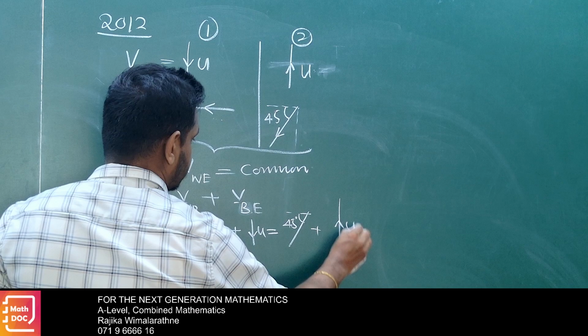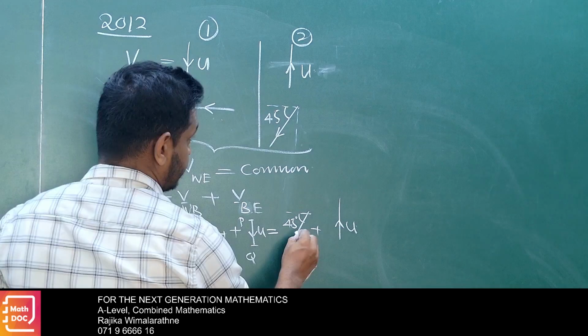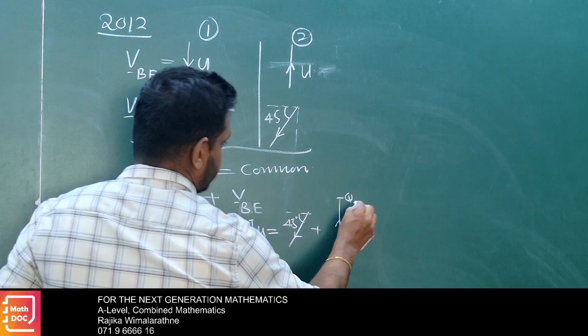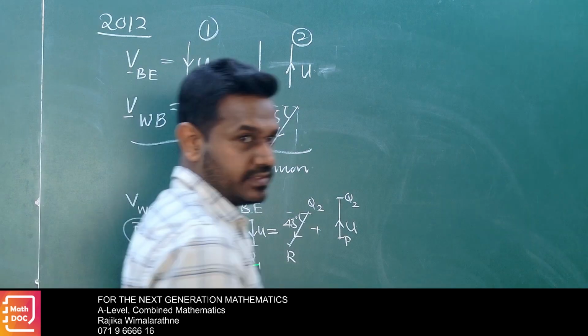Take the PQR notation. Here P, Q, then here Q, R. The resultant is PR. Then take P, Q, and here take Q1, since we have two cases, then Q2, and Q2R. You practice the PQR notation properly.